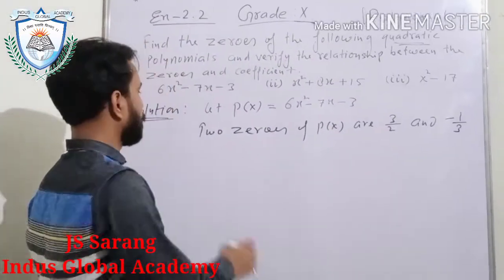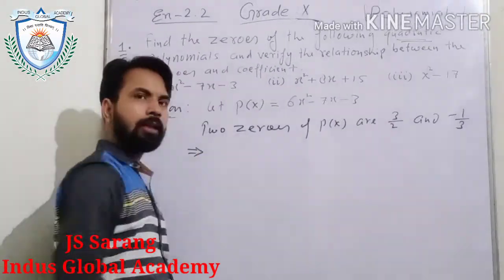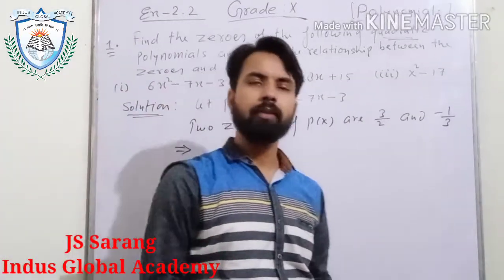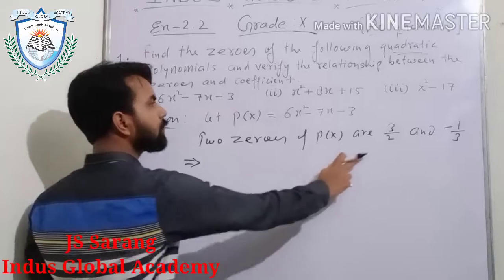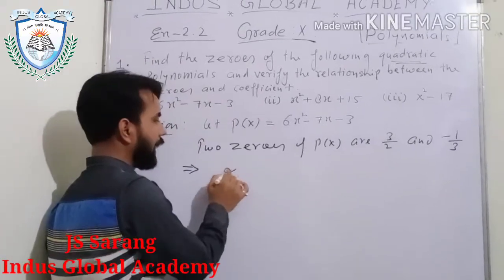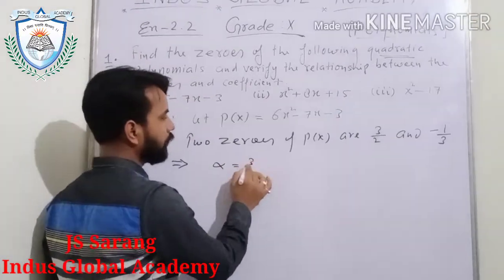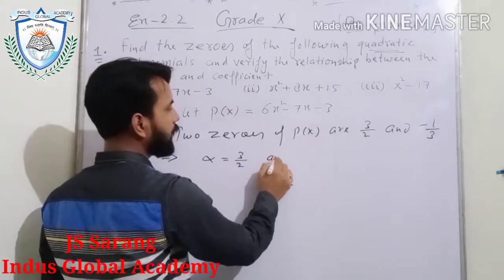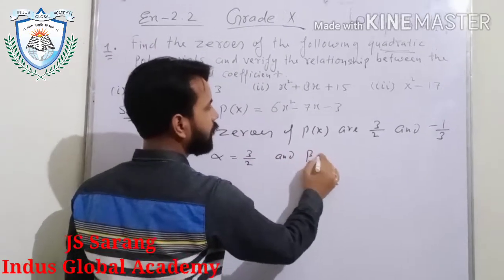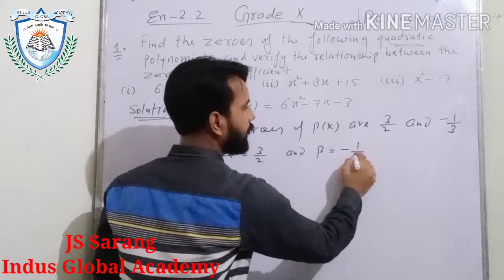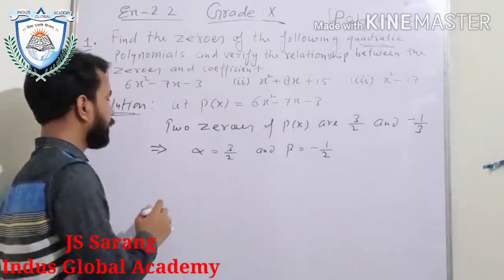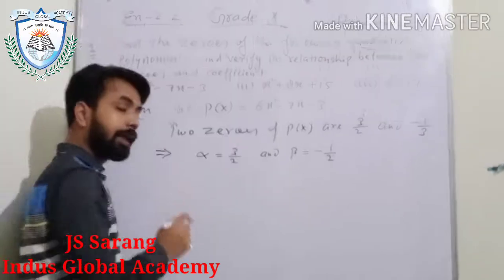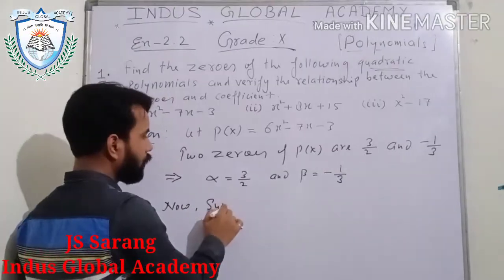Understood? Now, as we know that zeros of a polynomial are always denoted by alpha and beta. So the very first zero will be alpha, that is alpha is equal to 3 by 2, and the second zero, beta, is equal to minus 1 by 3. Is it clear? Now the verification. For verification we have to take the sum of zeros.